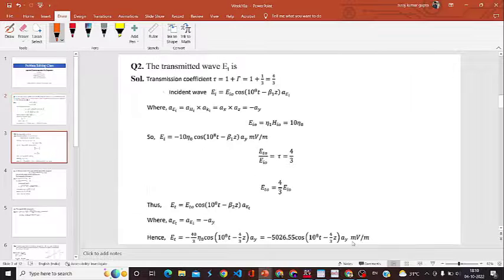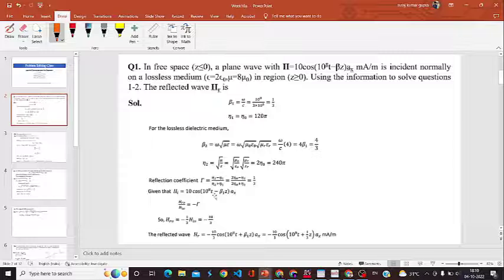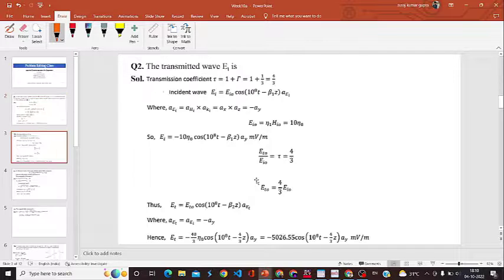So let us move ahead to problem number 2. In the previous problem we had to find the value of the transmitted wave. In the previous problem we found the value of the reflection coefficient, which is equal to 1 by 3. First of all, for finding the transmitted wave we have to know the transmission coefficient.